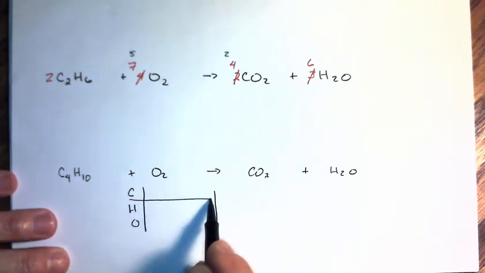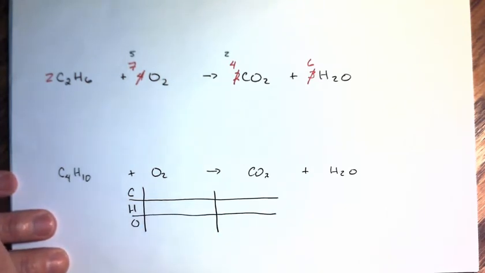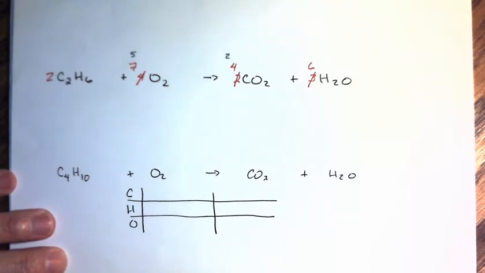And then you want to put horizontal lines between the element symbols. Okay? So what we're going to do is we're going to count everything that we have on the left and on the right. So this is just an organization tool. All right? It's called an atom inventory.